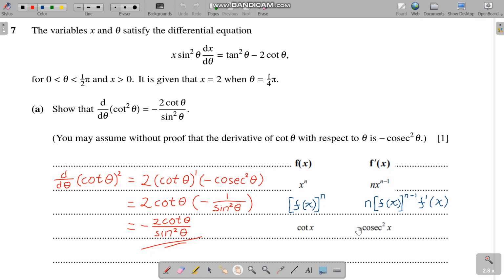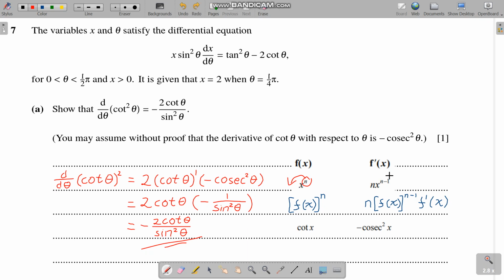MF19 formula. So the first step is to write down the cotangent squared in this form. So you put the square outside of everything, and then we look at the MF19 differentiation formula for polynomial differentiation. We just bring the power down, and the new power is n minus 1.